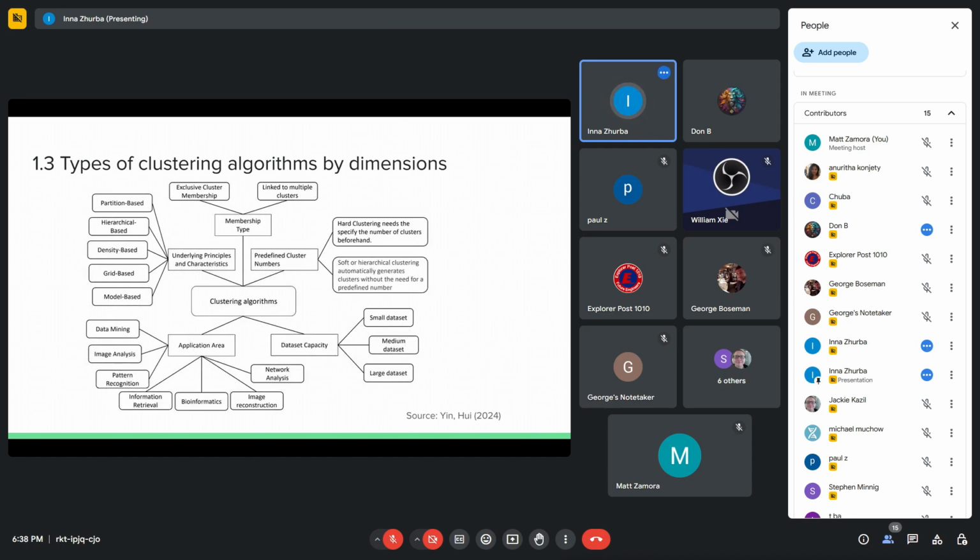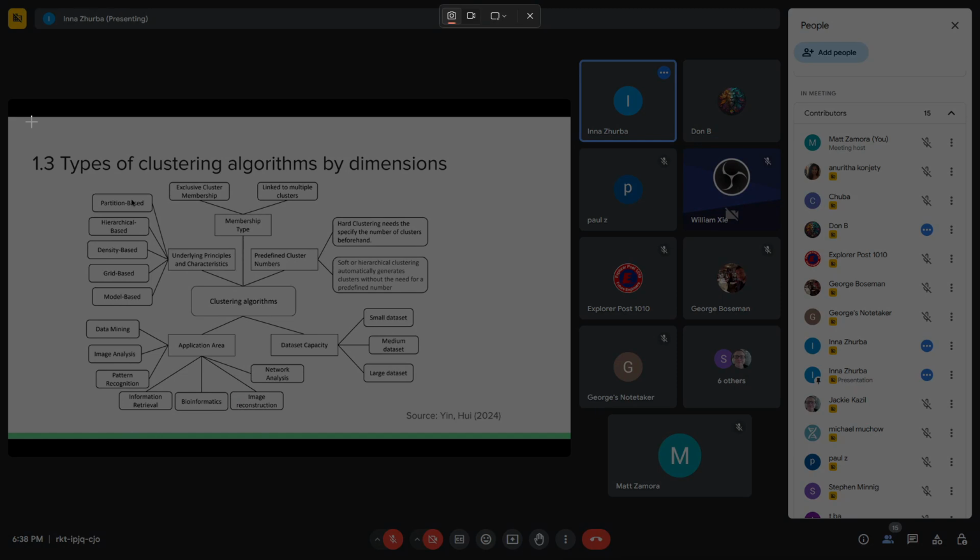We can divide various clustering algorithms by dimensions. So this is like a little tree showing what those dimensions can be. Talking about the k-means algorithm, if we look at its underlying principles and characteristics, it's partition based.